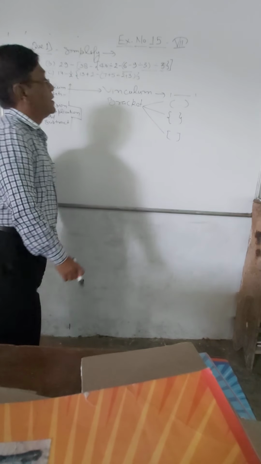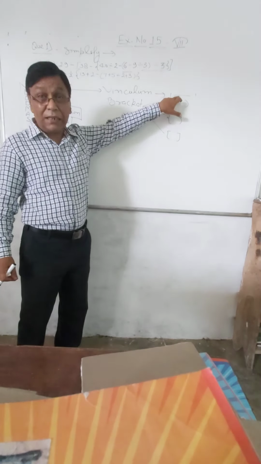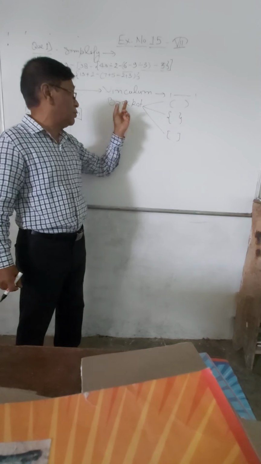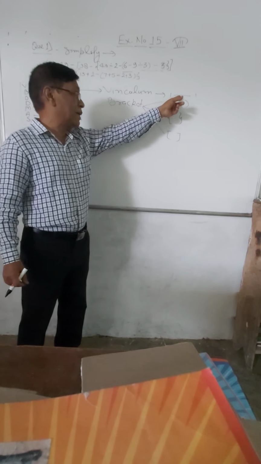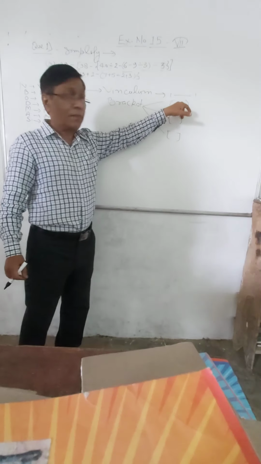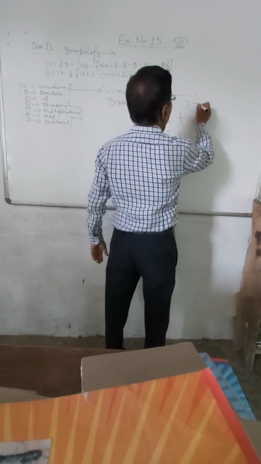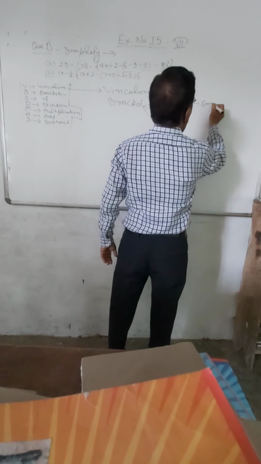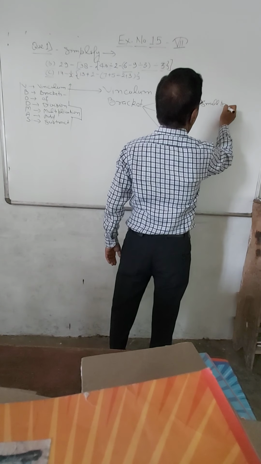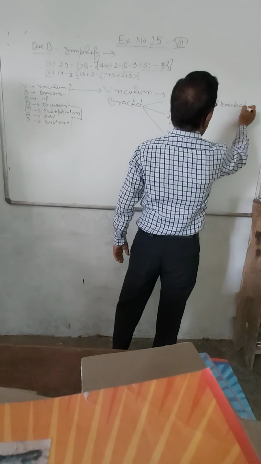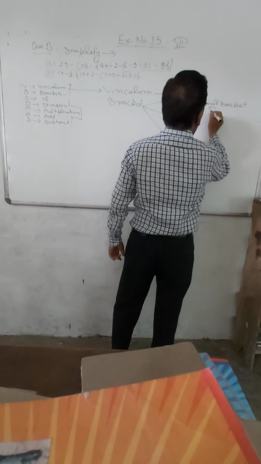Generally the line is sometimes called a line bracket, so you can include it in the brackets also. First the line bracket, then the small bracket, and the box bracket.